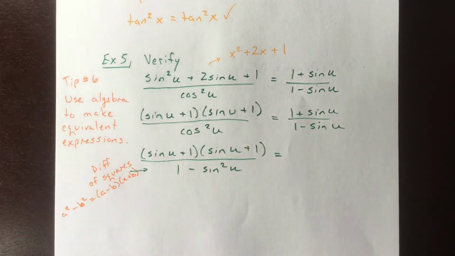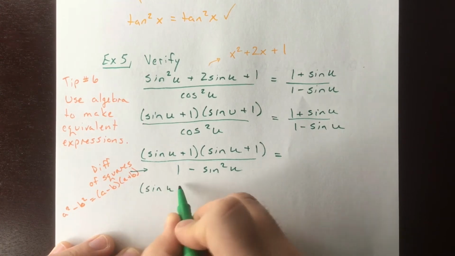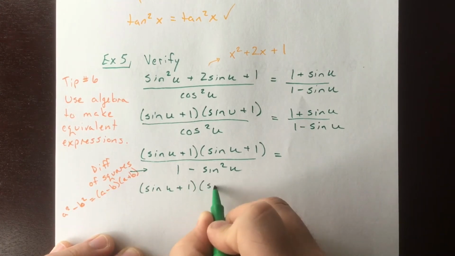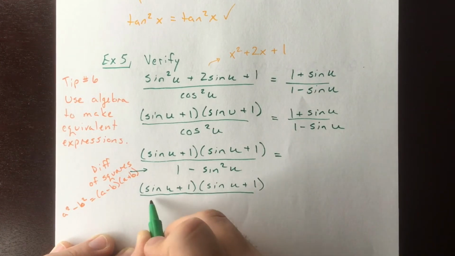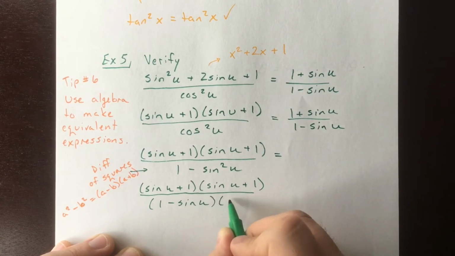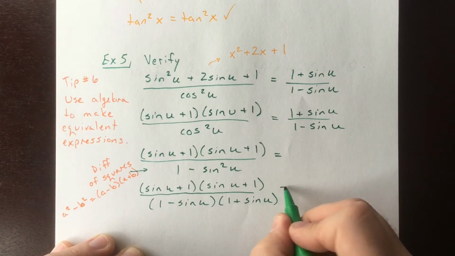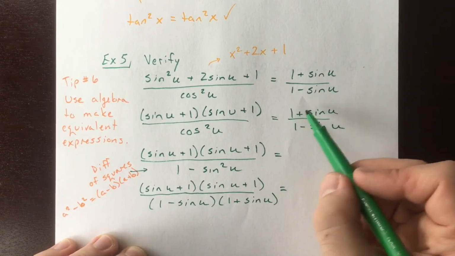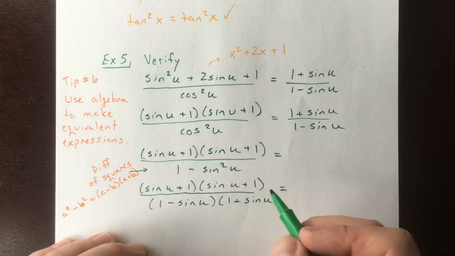So we have 1 minus sine squared. I'm going to factor that as 1 minus sine of u and 1 plus sine of u. Okay. Keeping our end goal in mind, I want 1 plus sine of u over 1 minus sine of u. I feel like I'm very close now.